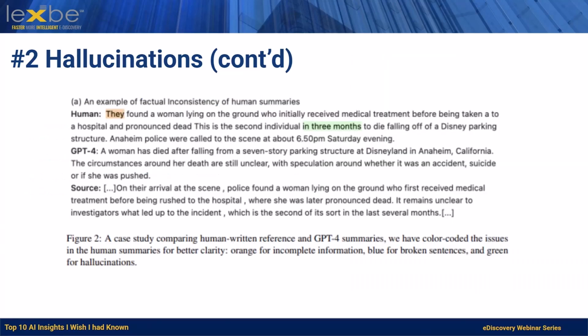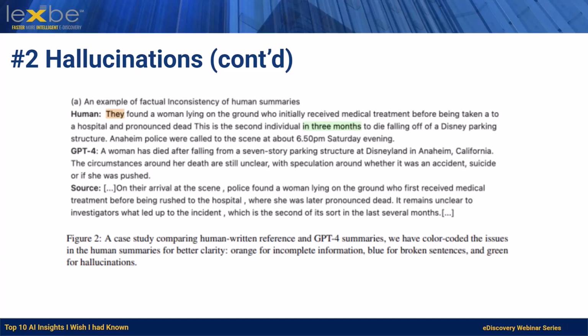That said, here's an example that I think is very thought-provoking. It's a summary of a source article, and in this particular study, they found that humans also hallucinate, as you can see. The human would put in "they" when the source material said the police arrived on the scene.